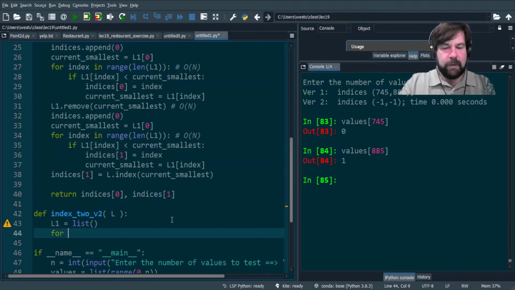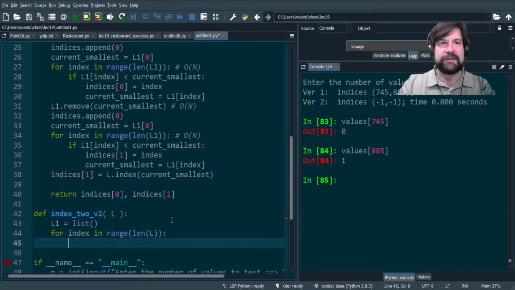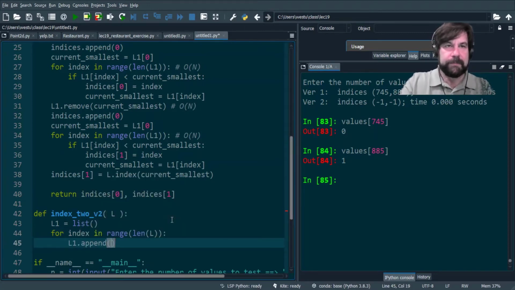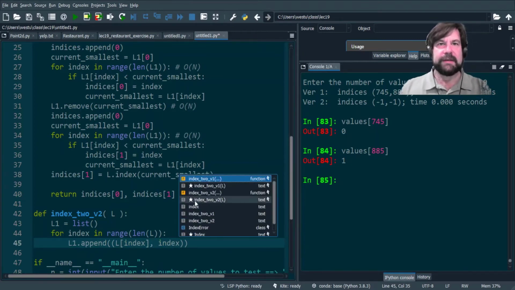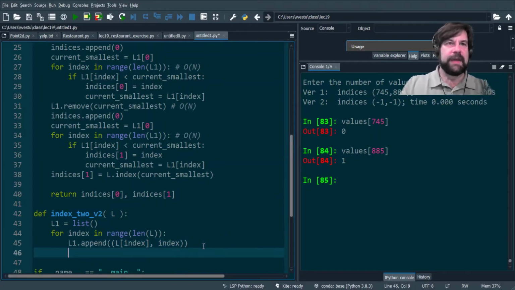We can say for index in range length of L. And now every time through this, what we want to do is append to L1 a tuple where the first element of the tuple is the value, so L sub index, and the second value is the index, right? This is going to give us our indices. And then all we have to do after that is just sort it.